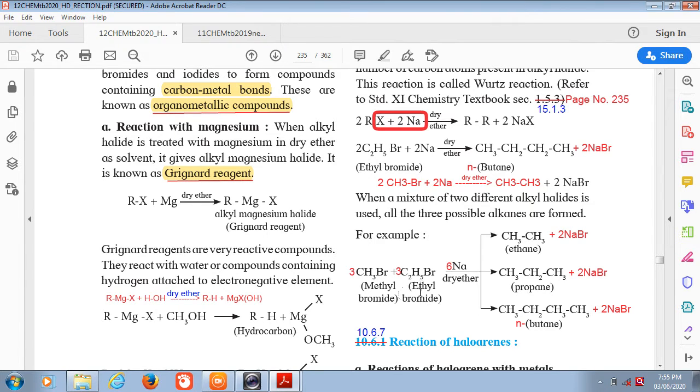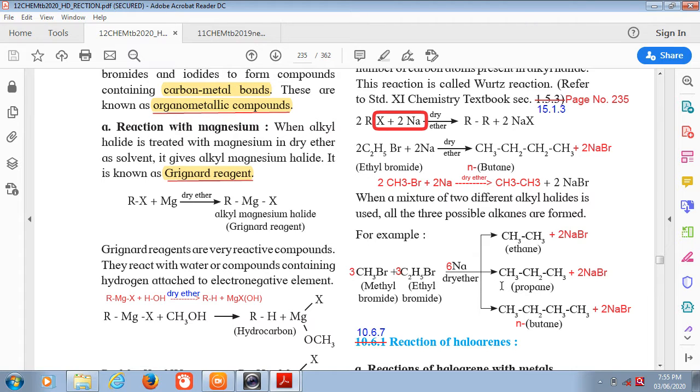So when both these compounds react with sodium metal, methyl bromide can also react with methyl bromide and it will produce ethane as a product. Ethyl bromide can react with another molecule of ethyl bromide and it gives n-butane as a product, as we see in above reactions. And methyl bromide can react with ethyl bromide to produce propane.